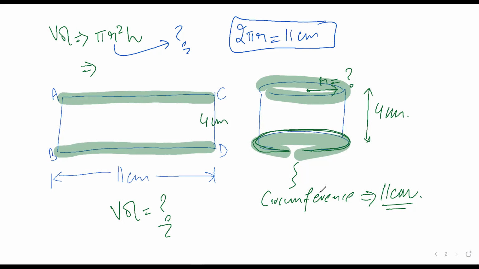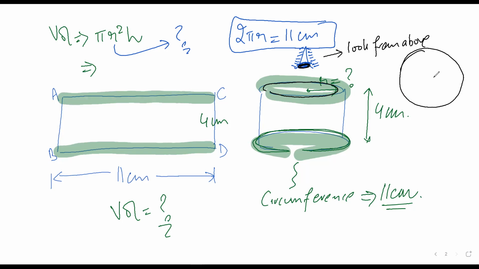That to find the radius, we have to have 2 pi r. Why 2 pi R? Sir, when you look at this cylinder from above, Mr. Satya, do you agree that this edge would look like this circle? Yes, sir.